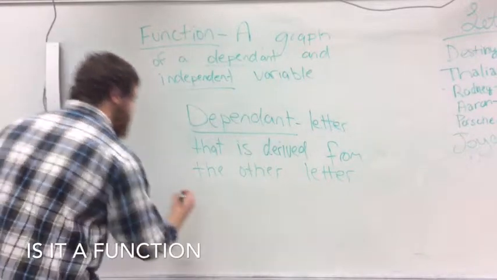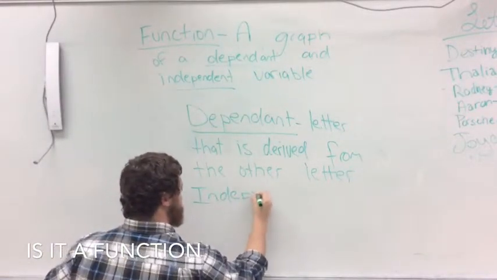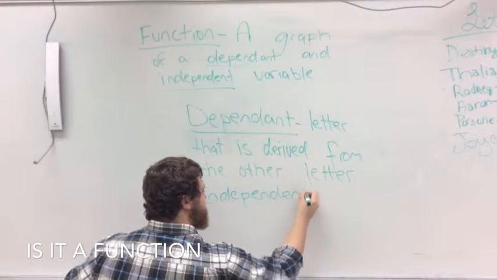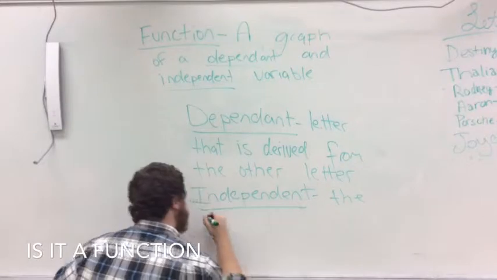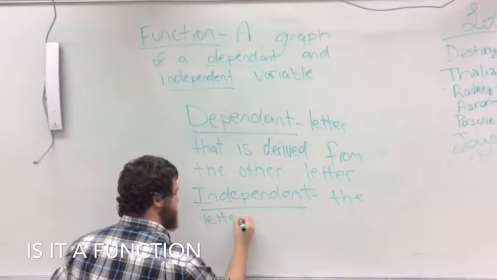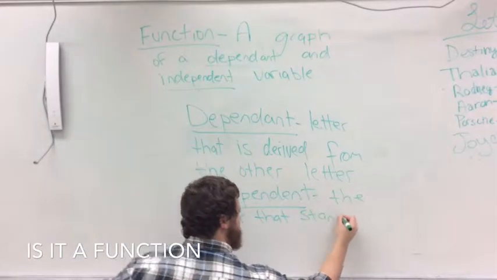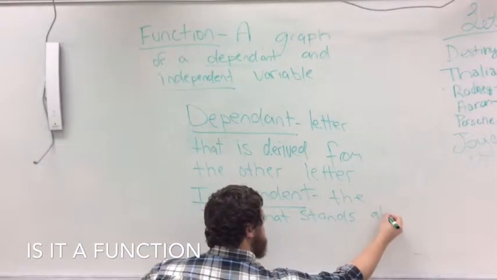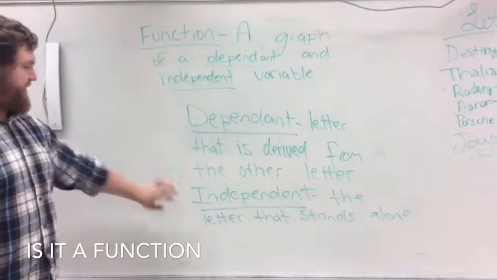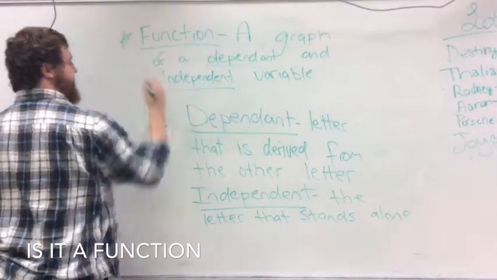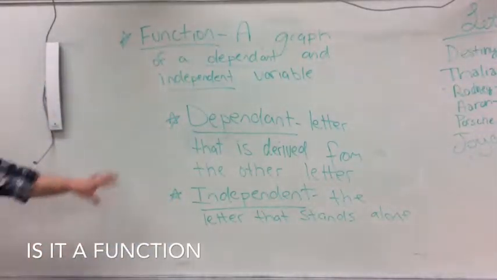And independent, I'll put that below, I think you can still see that, is the variable or the letter that stands by itself or stands alone. Okay? So those are my two, dependent and independent variable. As you know, star that, star that, star that. Okay? So we're talking about these functions.